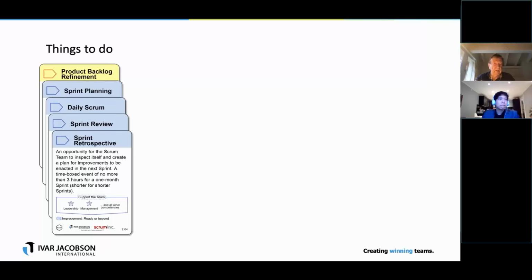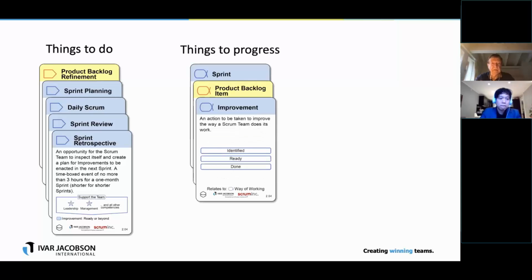Here are the things to do, that's activities, work. And each card has a little different syntax for that. We have the things to progress. These are the alphas specific for Scrum. For instance, in Scrum, there is a sprint alpha, which has states like every other alpha.